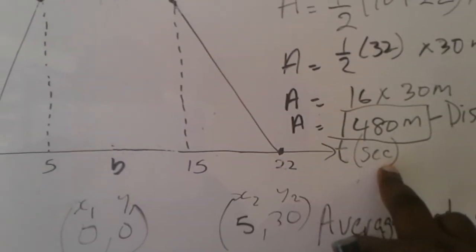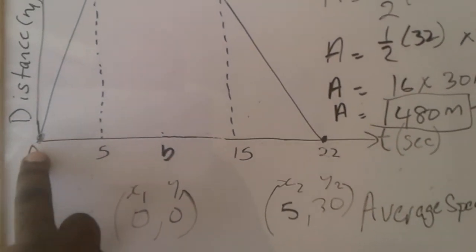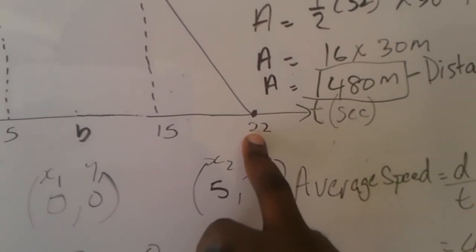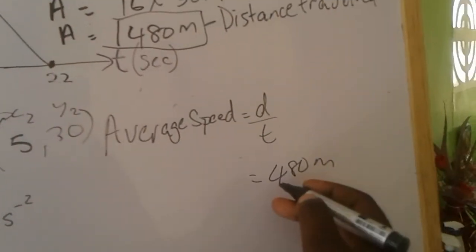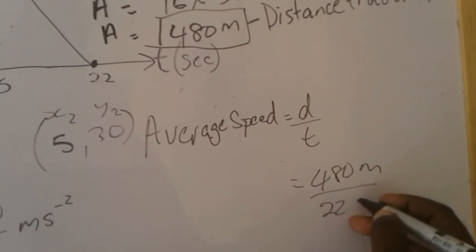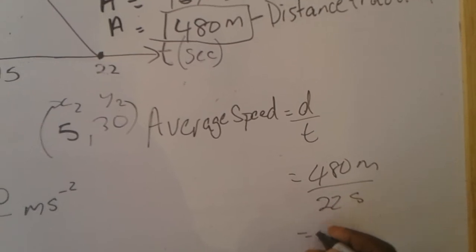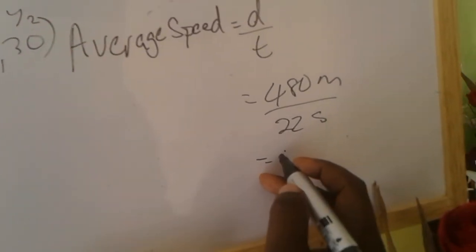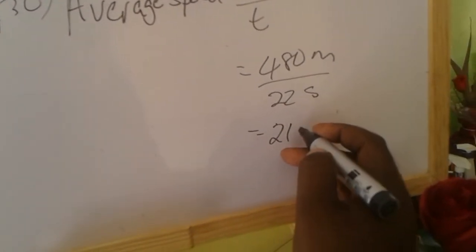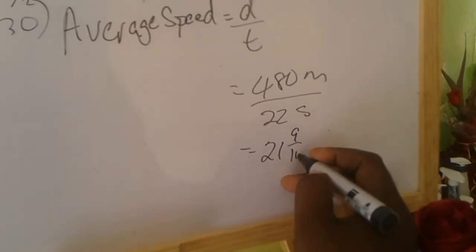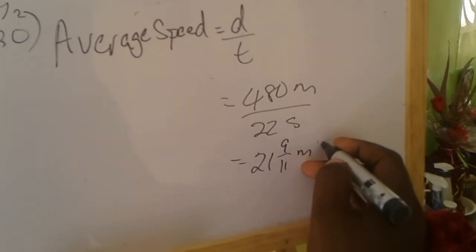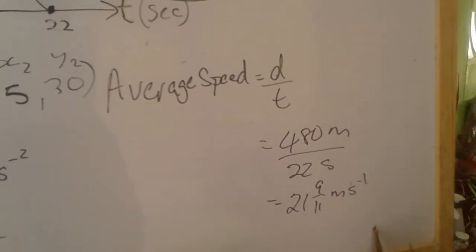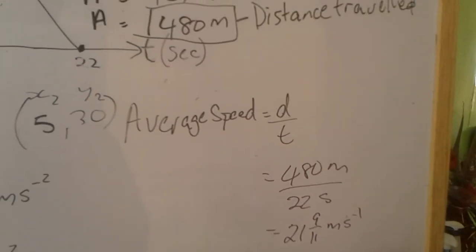The time was from the 0 second to the 22nd second, so 22 seconds. When we divide 480 by 22 as a mixed number, we get 21 and 9/11 meters per second, and that will be the average speed of the journey.